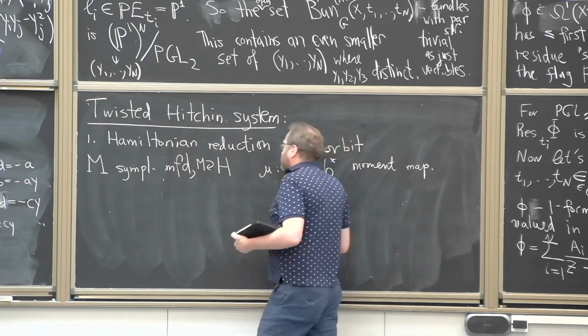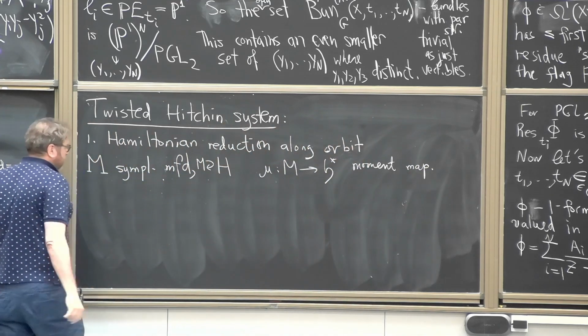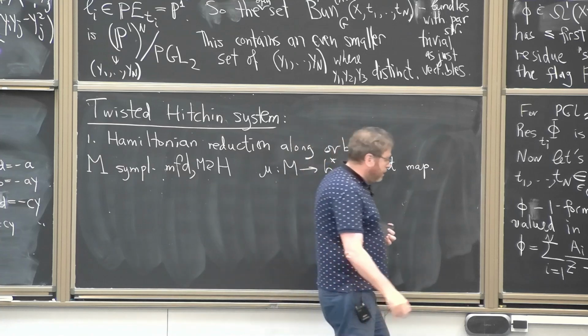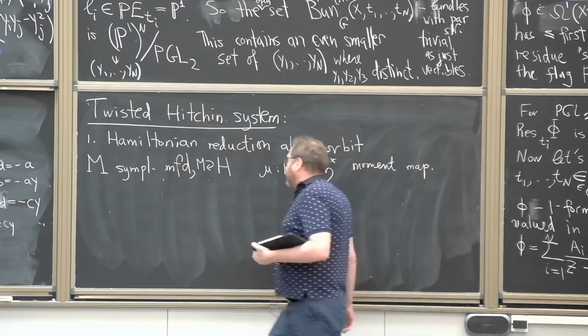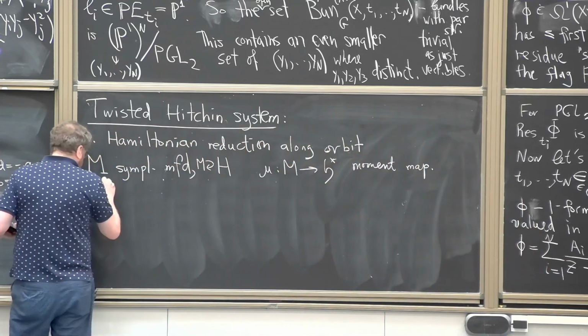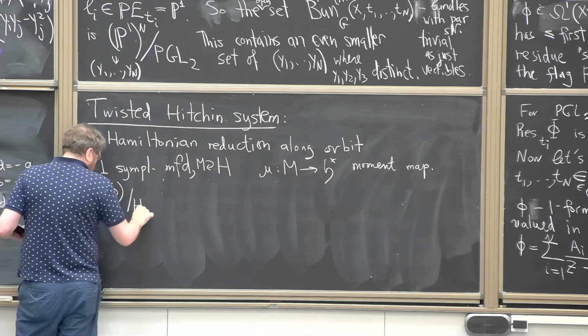In general, it's just a piece of data. It doesn't always exist. Well, then we can define this reduction, mu inverse of 0, modulo H.